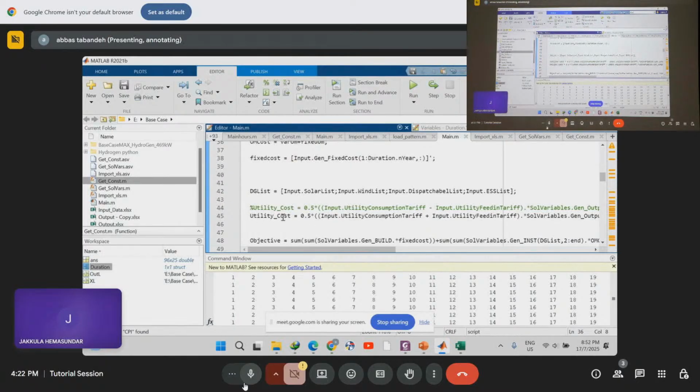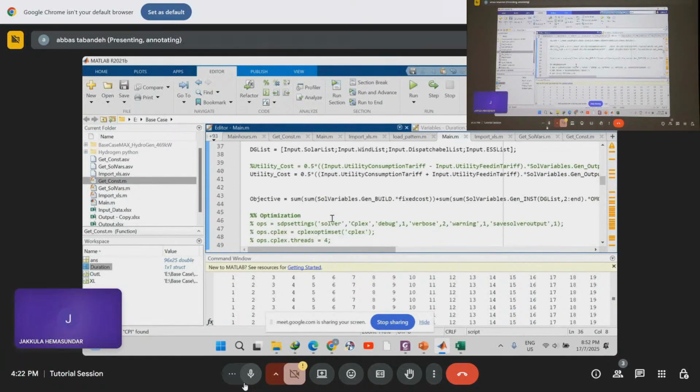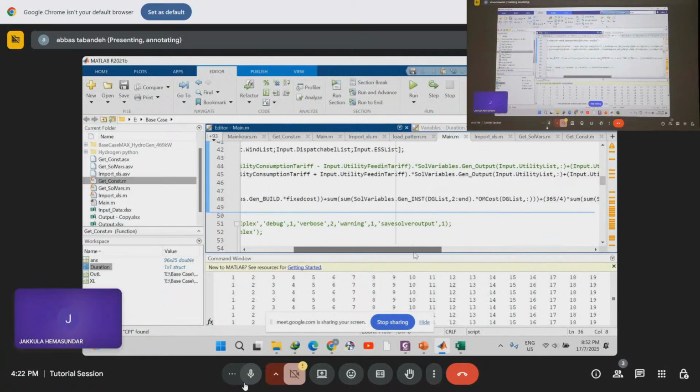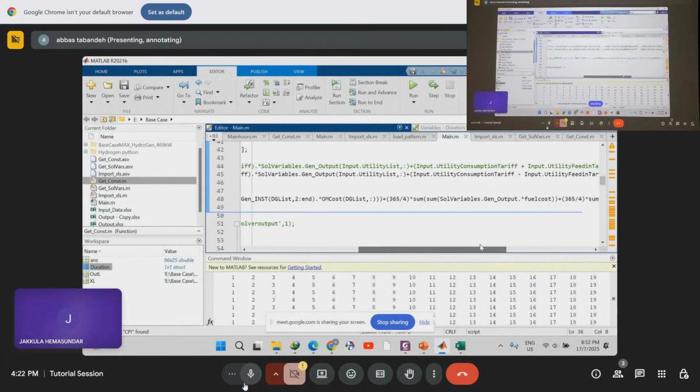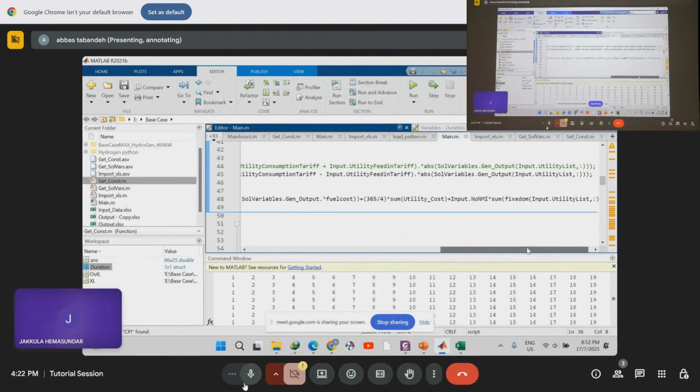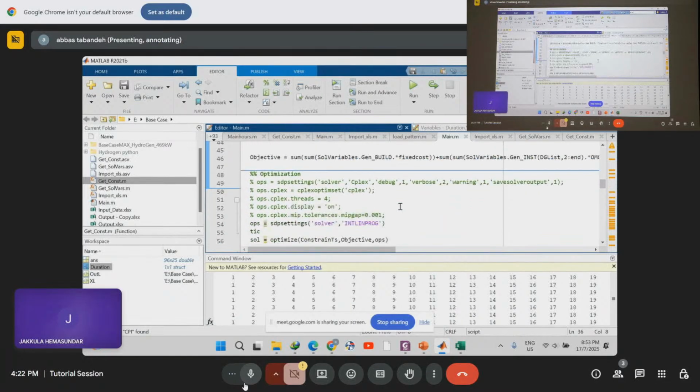This one shows the utility cost, the electricity that's selling to the grid, or which is buying from the grid. This is our utility cost, and this one, which is an objective function, is summation of all capital costs as well as the utility cost plus operational costs. As you can see, we have considered all of them.